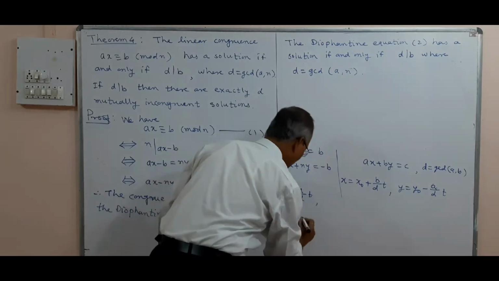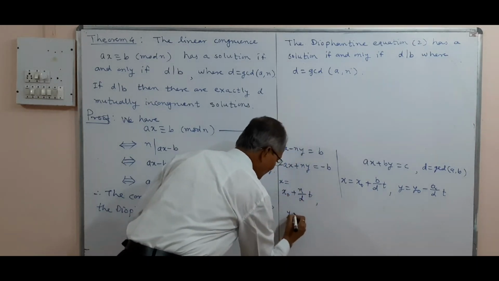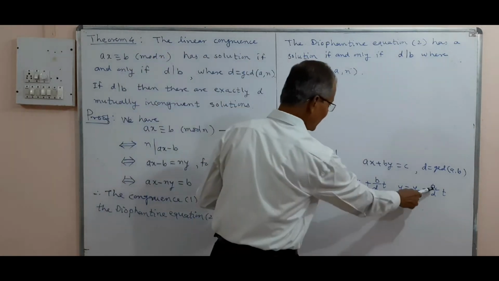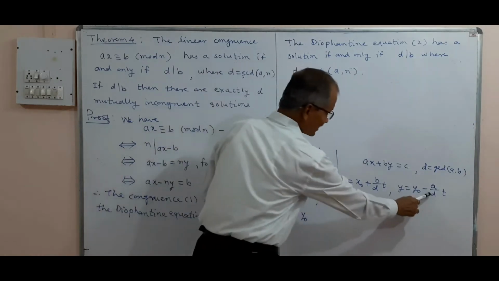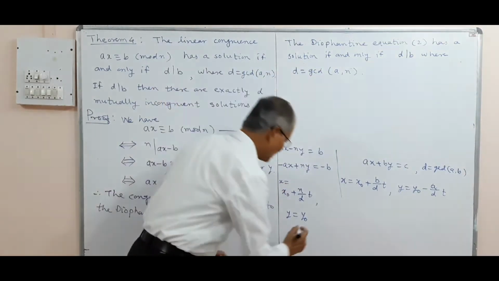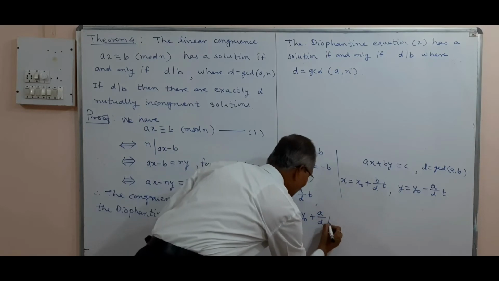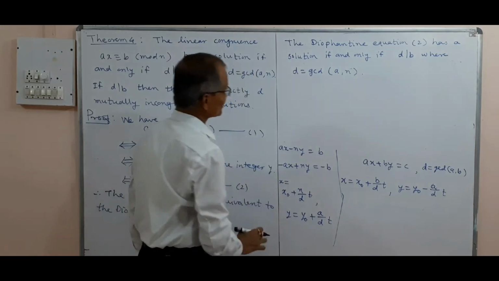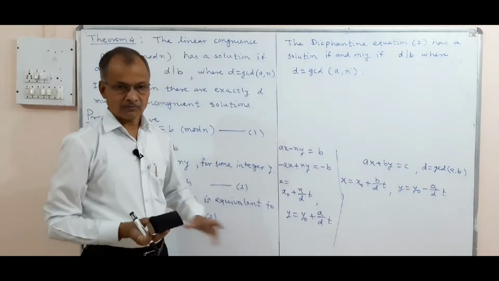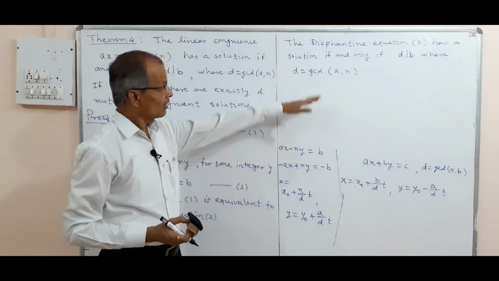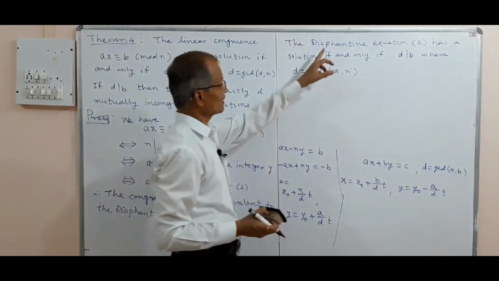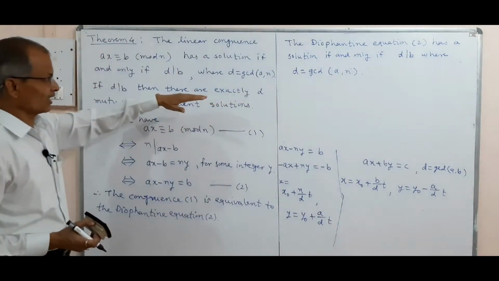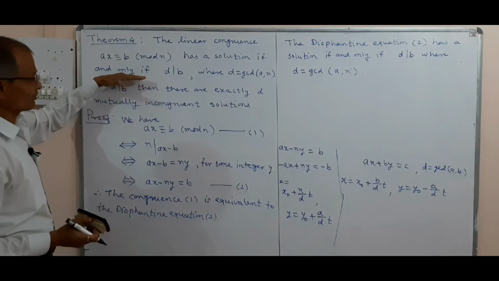And for Y, it will be Y naught, and instead of A here, it is minus A, and this minus and that minus becomes plus, therefore it is plus A by D into T. So these are the solutions of this equation. We refer to this result on Diophantine equations here. And thus the Diophantine equation 2 has a solution if and only if D divides B, where D is GCD of A and N. So this proves the first part of this theorem.